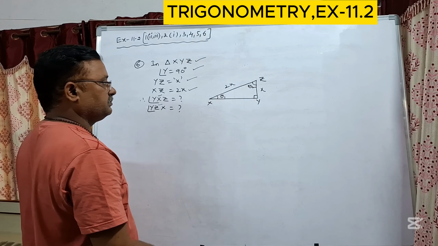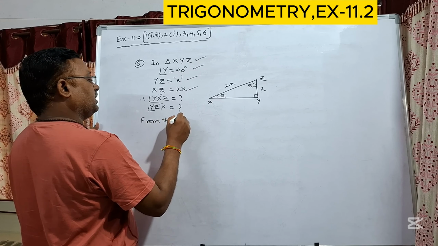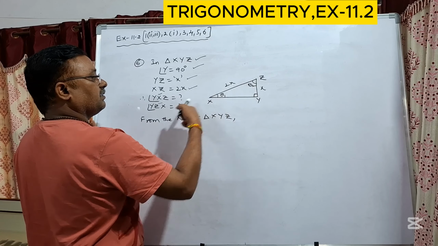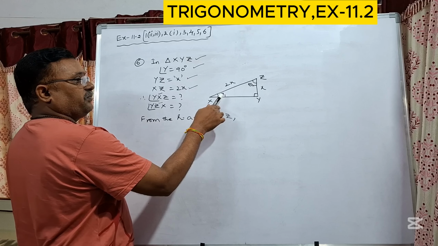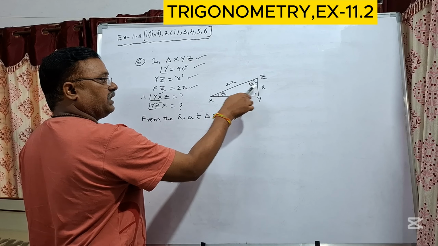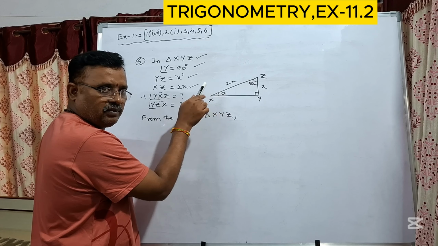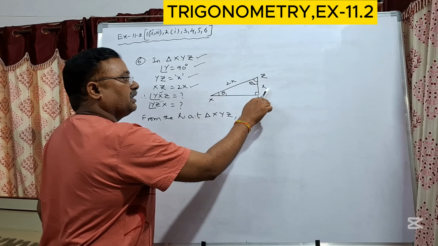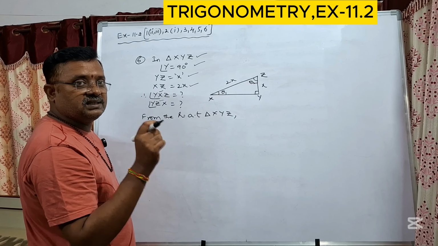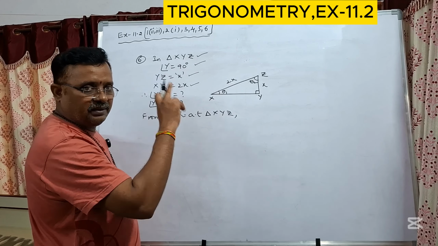Second required angle. So from the right angled triangle XYZ, if I want to calculate theta 1, I know the opposite side and I know the hypotenuse. Focus on where the required angle position is, then its related side names.